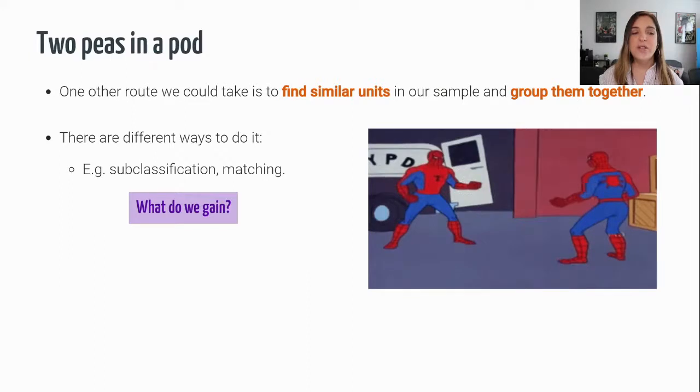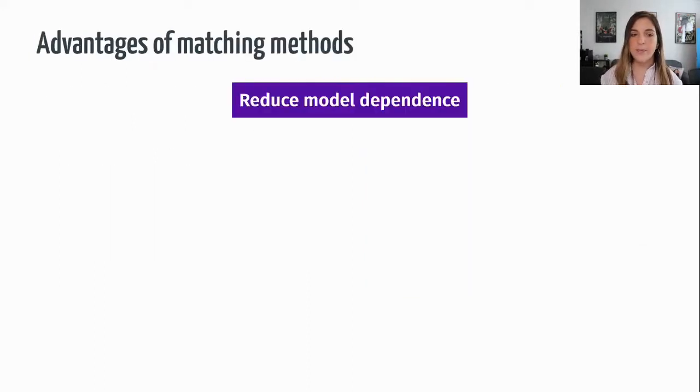So one of the main questions here is, okay, this is great, but what do we gain in this sense? The first main advantage of a method like matching or subclassification is that it reduces model dependence.